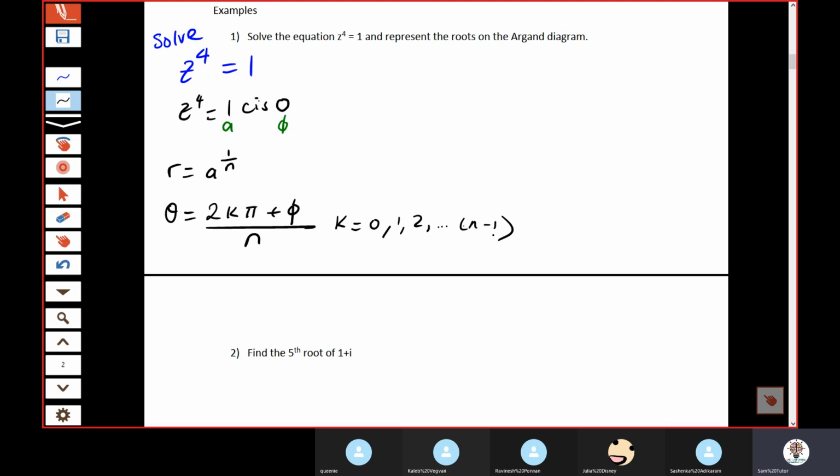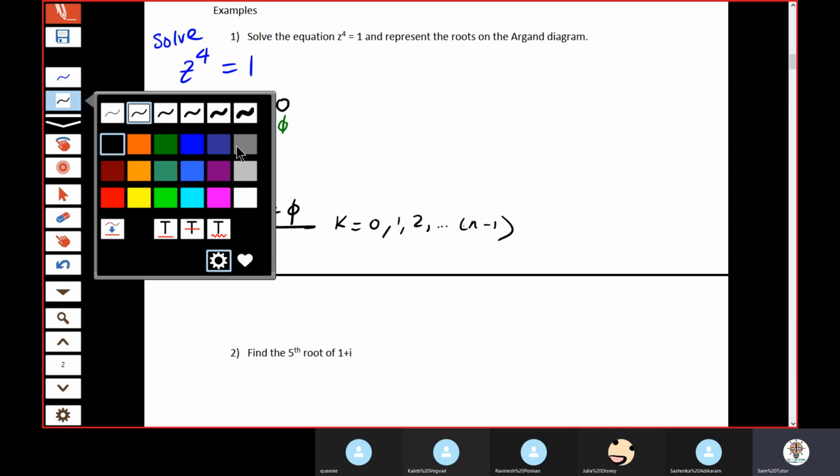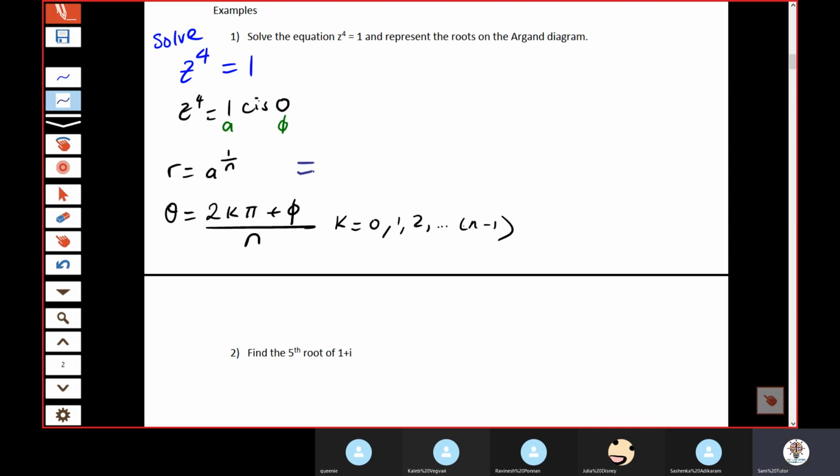You'll understand that in a second. Very easy. In this case, what does A equal? 1. What does n equal? 4. So therefore, r equals 1.